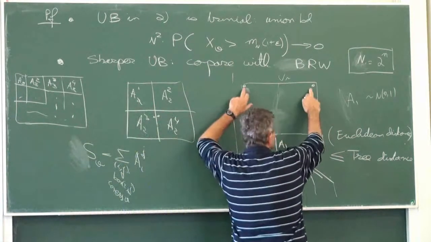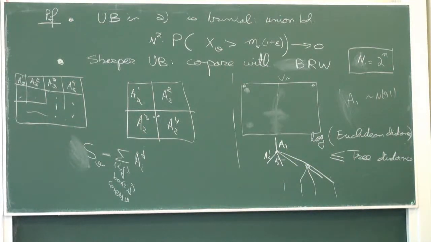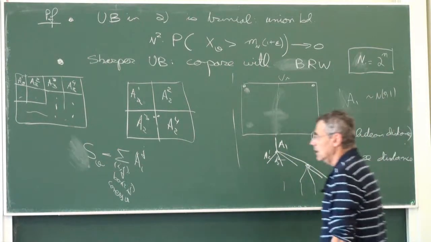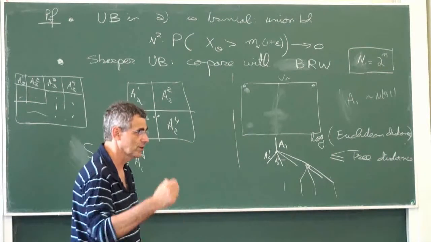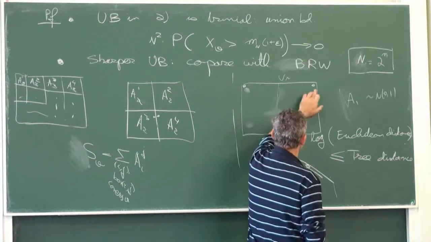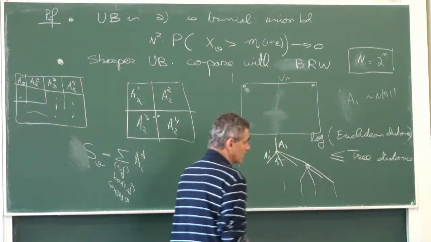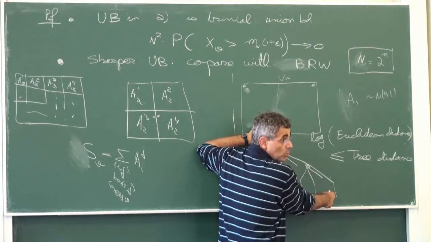So this is a small n. Everything is in a logarithmic scale, and we measure distances in this hierarchical distance. Because the maximal distance on the tree is the number of levels, which is small n.